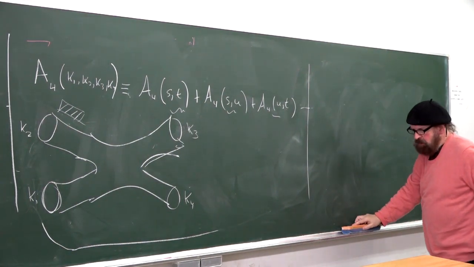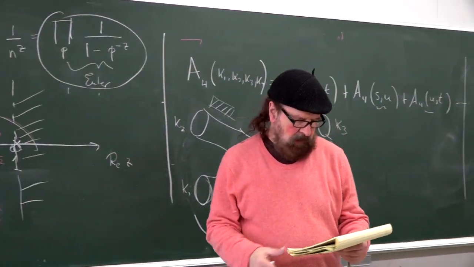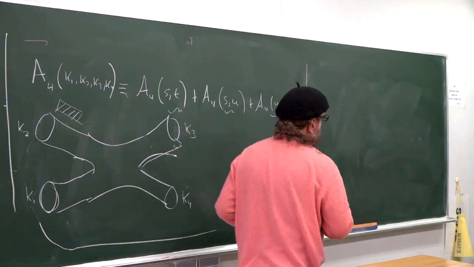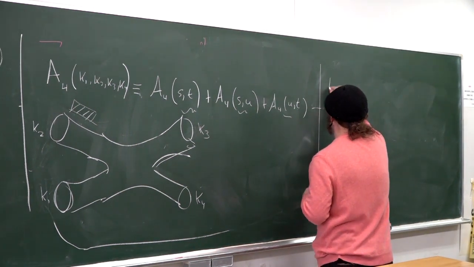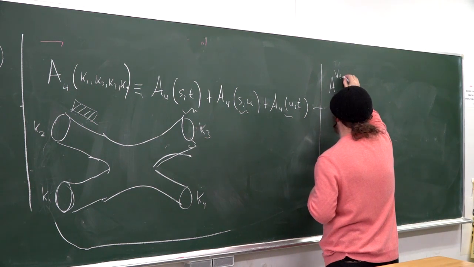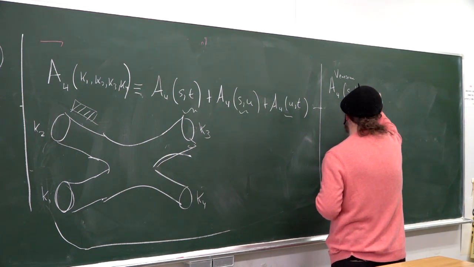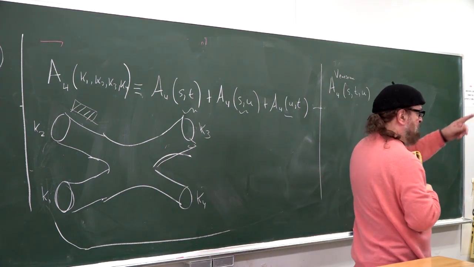For the open string, because there's a difference between the open string and the closed string, the Veneziano amplitude that he found in the late 60s is a function of your Mandelstam kinematic variables.